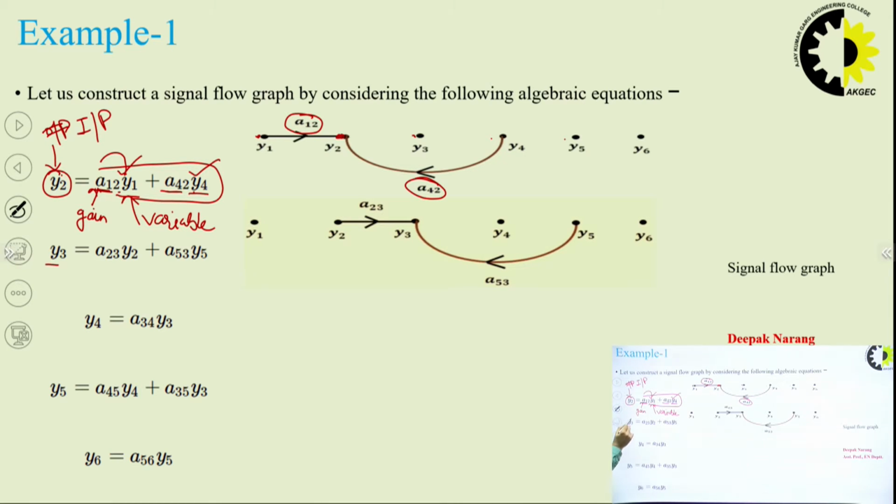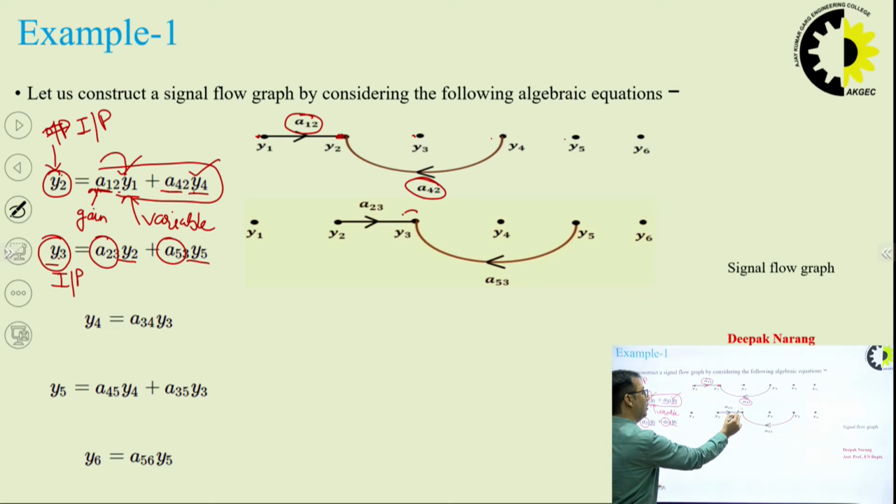Next, here now y3 becomes the input for this particular equation, and here we can see y2 and y5 nodes are going to y3 with coefficients a23, a53. So, here y3 becomes the input node.